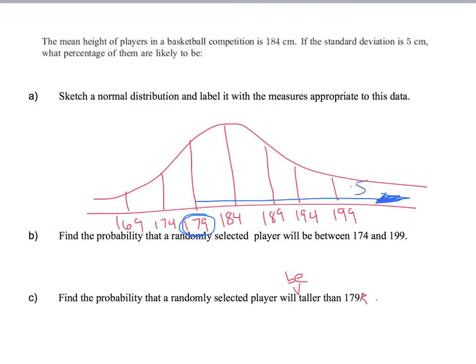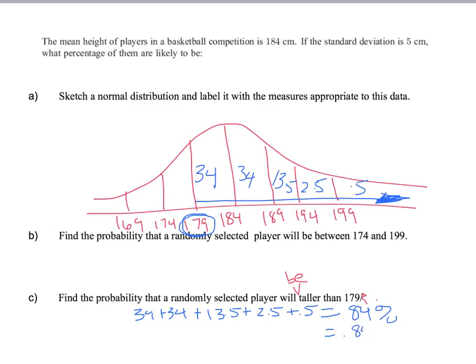I know this is 0.5, 2.5, 13.5, 34, and 34. The probability that they'll be taller than 179, you just add those up. So it will be 84%, which is the same as 0.84.